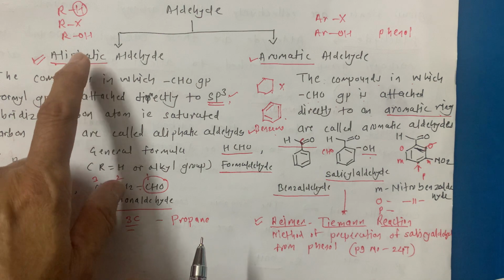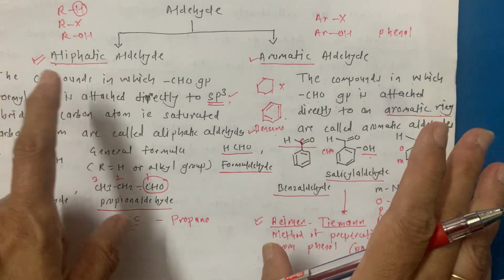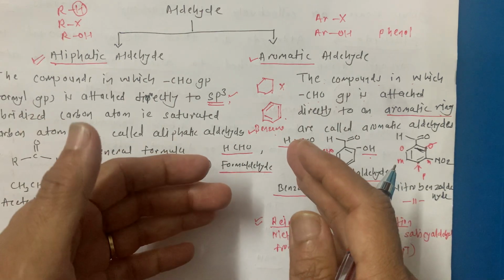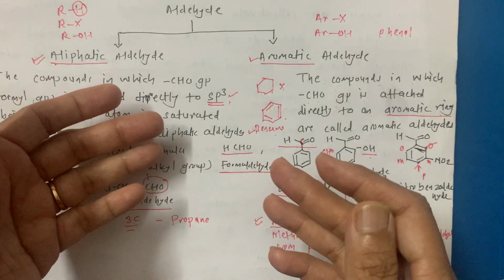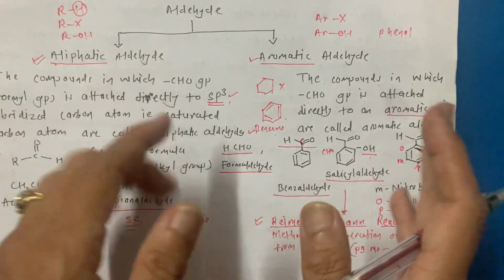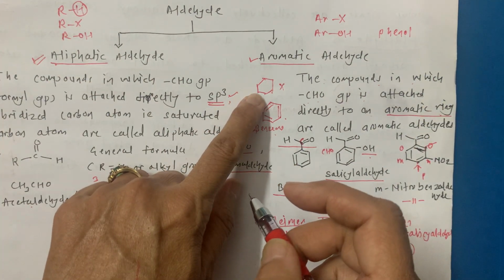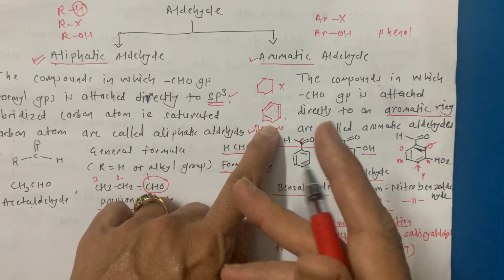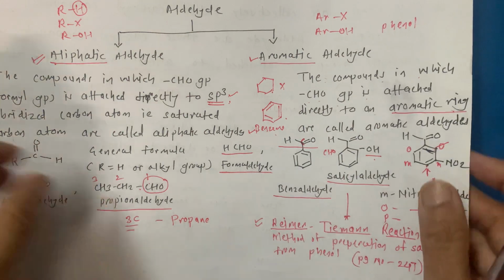That is an alicyclic aldehyde, meaning an aliphatic compound converted into a cycle is an alicyclic compound. Cyclohexane is an alicyclic compound, while the benzene ring is an aromatic compound. Okay, now we will see the next.